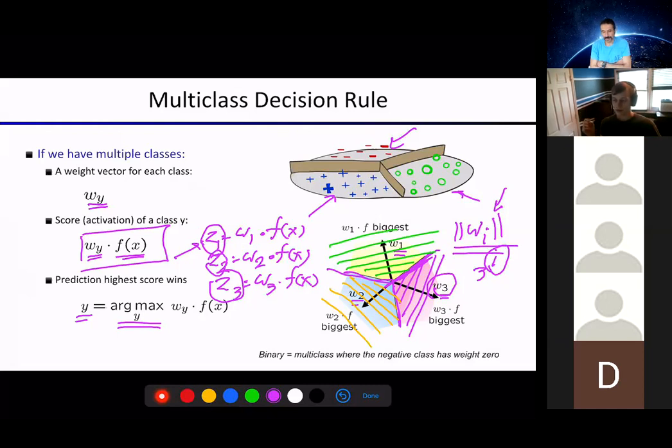You could interpret it that way, but when we have multiple classes, when we have two classes, this separator is one line, one hyperplane, right? And now for these three classes, we have three hyperplanes. We do not have one hyperplane to separate these classes, right?